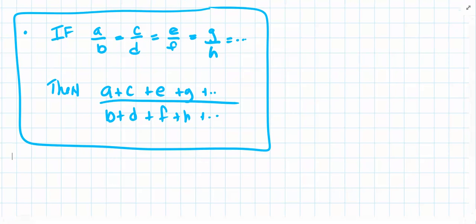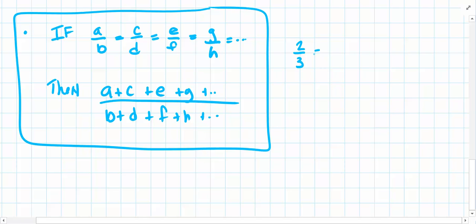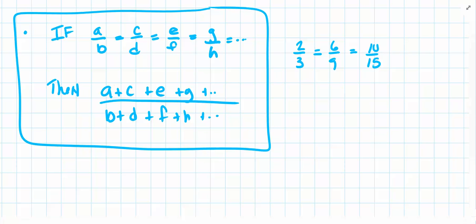Let's say we all agree that 2 over 3 is the same thing as 6 over 9. It's the same thing as 10 over 15. Is this all true so far? You guys agree with this? Yes, these are all equal ratios, set together, so now I've got about 3 proportions in there. So 2 over 3 equals 6 over 9 equals 10 over 15. Well, the property says this.